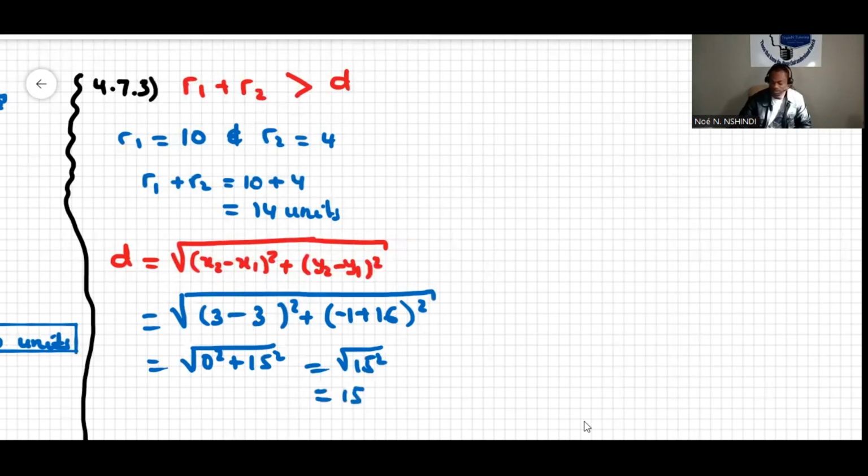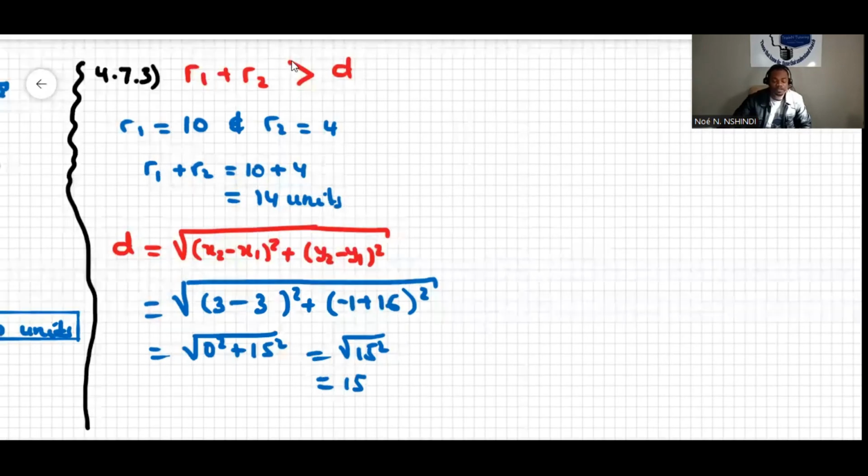Okay, if it's greater than over here, then they intersect. But let me change the symbol here. I meant to write this symbol.